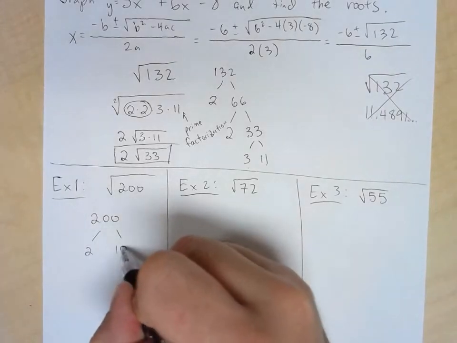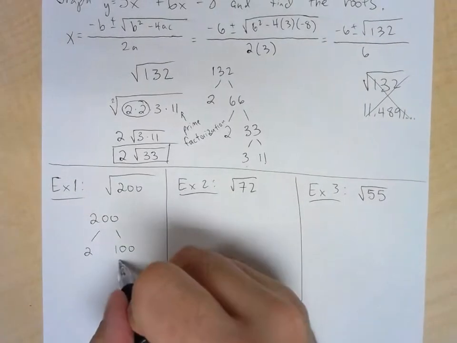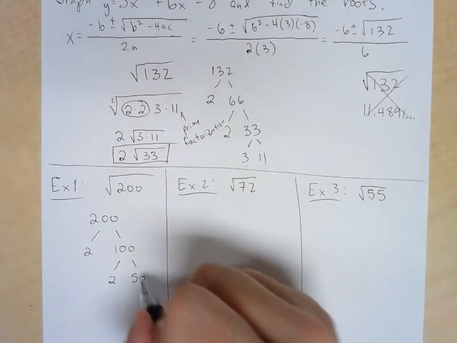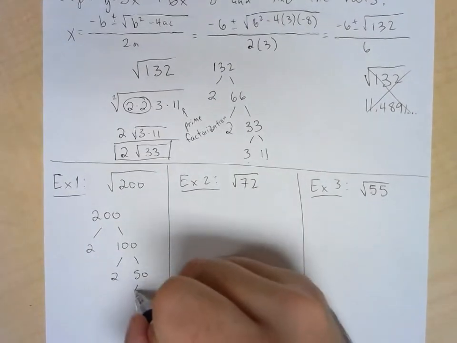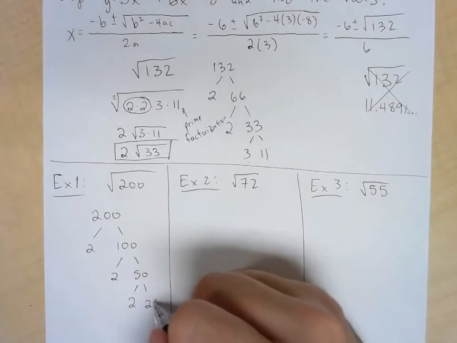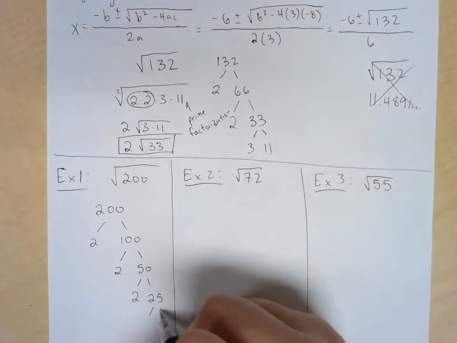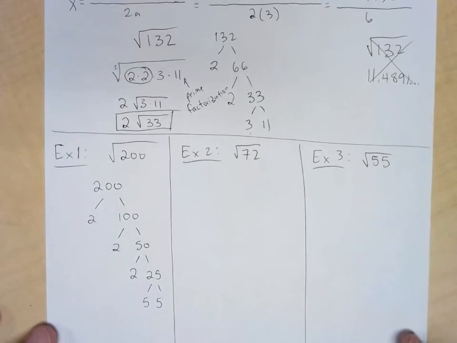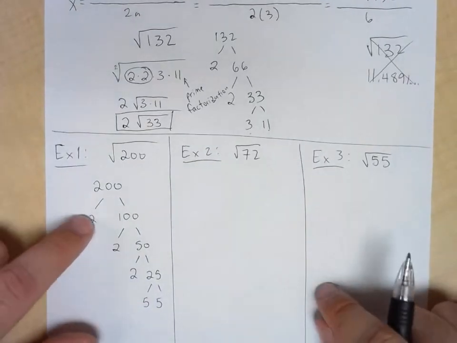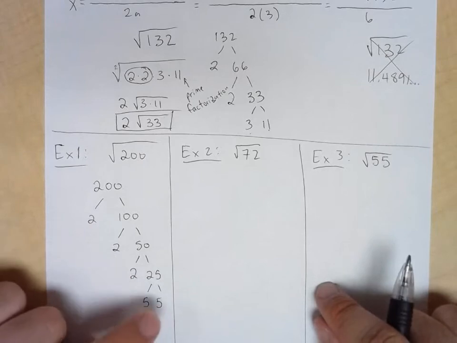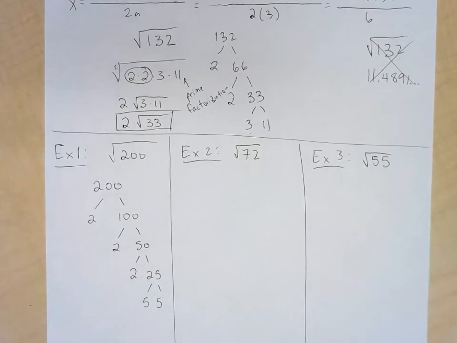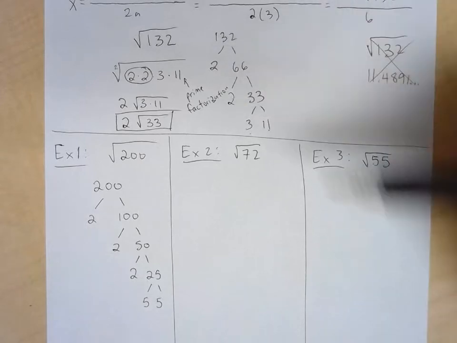I know that 100 is 2 and 50. I know that 50 is 2 and 25. And I know that 25 is 5 and 5. So I'm going to write my 2 times 2 times 2 times 5 times 5, just at the end of my factor tree here.